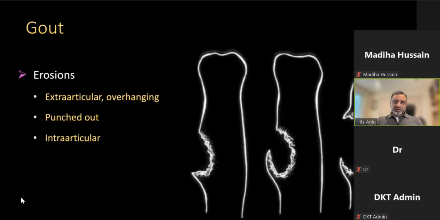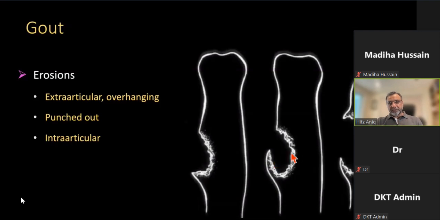We know erosions are because of tophi or crystal eroding the bone. Crystals do not dissolve in synovial tissue, keep accumulating and keep on eroding, and they make a shelf. Usually they are extra-articular, but they can also extend into the joint, or sometimes they look intra-articular.